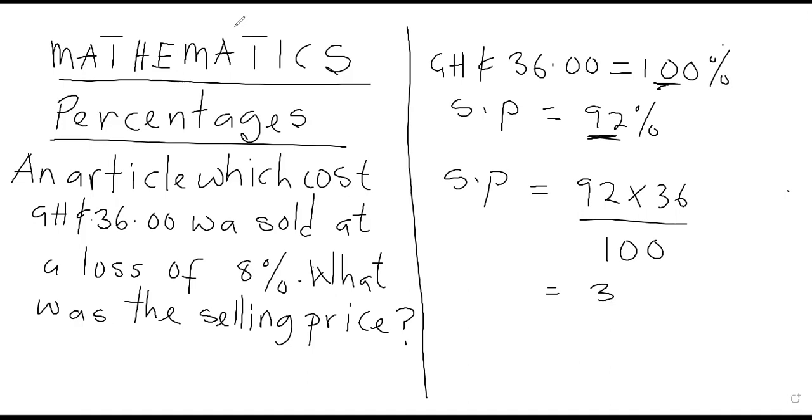So we have 3,312 divided by 100. 100 is a power of 10, so we just need to count the number of zeros, meaning we're going to have 2 decimal places. So the selling price should be 33.12 Ghana cedis.